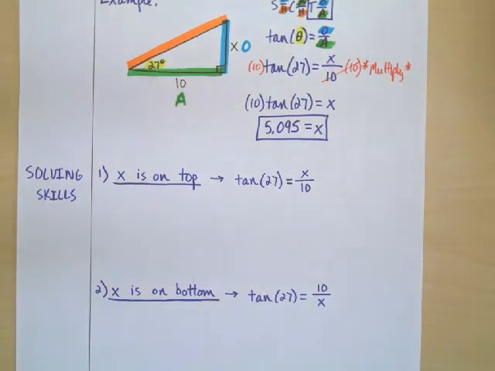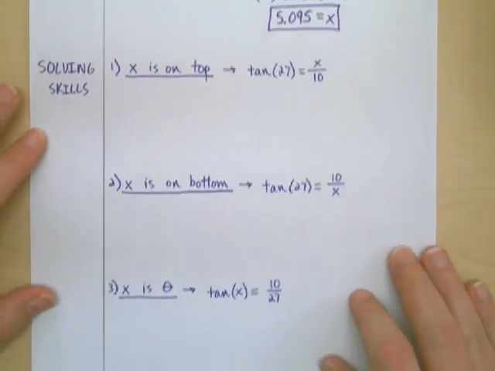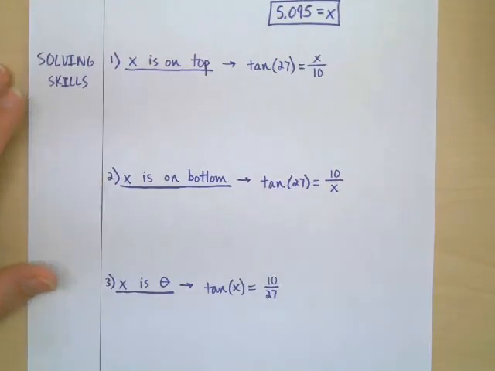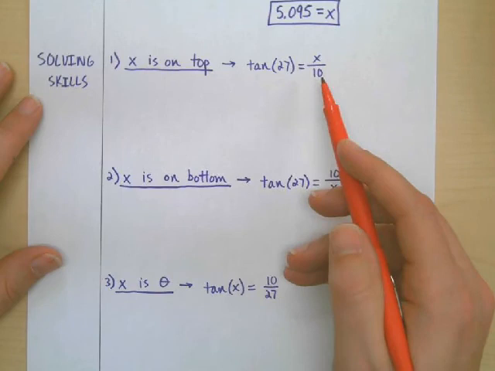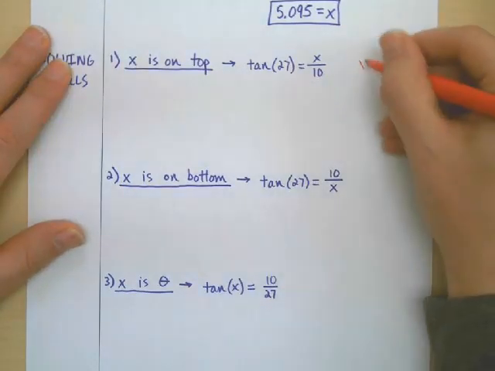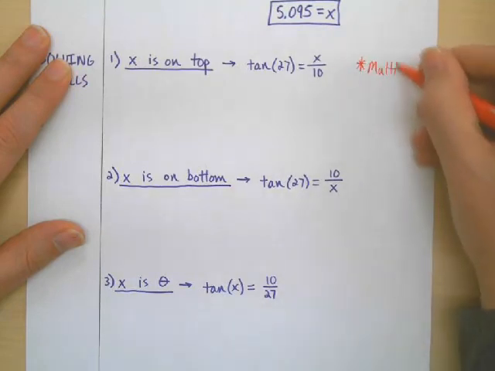Now, there are some other solving skills that I want us to talk about. The first solving skill is when x is on top, like in the example we just did. I copied it here. I want to remind you that when x is on top in the numerator, we multiply.